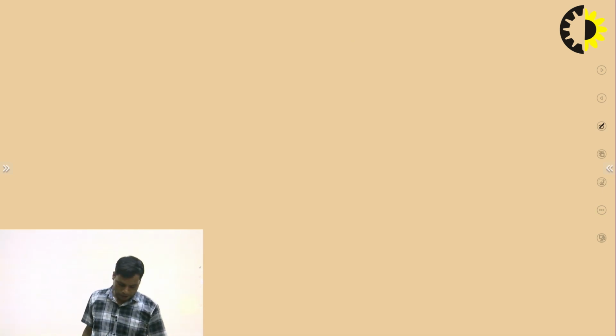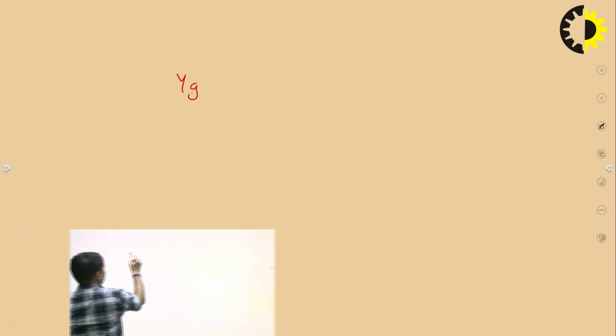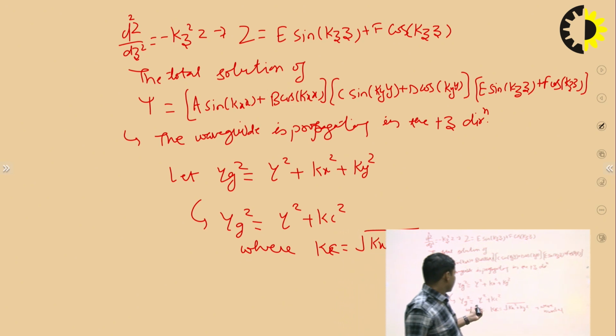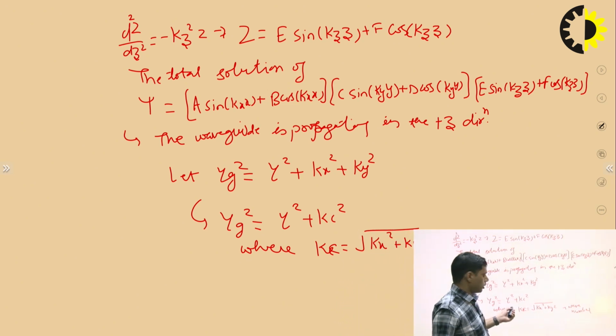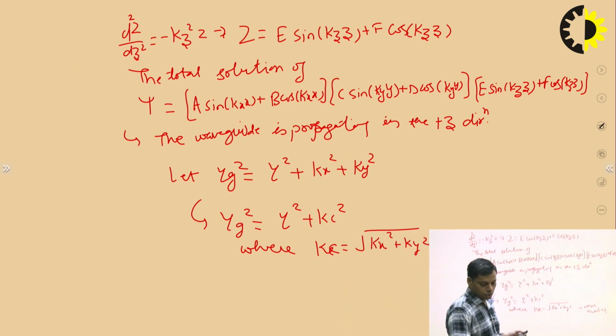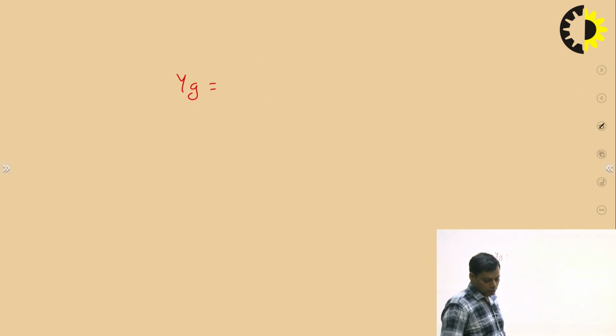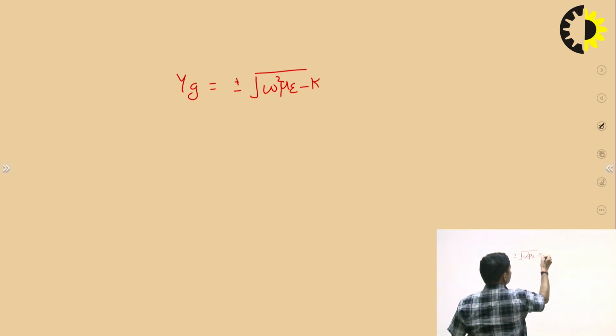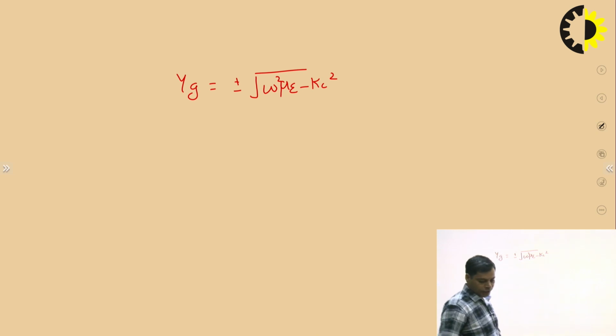So after that we can now write gamma g squared is equal to gamma squared plus kc squared. So we can now write gamma g is equal to plus minus under root of omega squared mu epsilon minus kc squared. How can we write it like this?